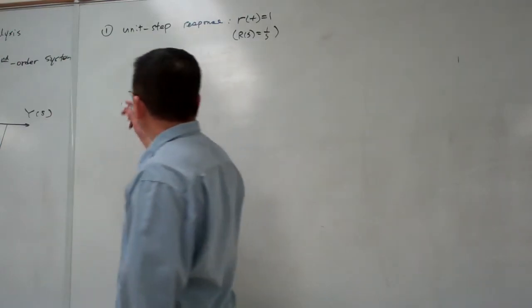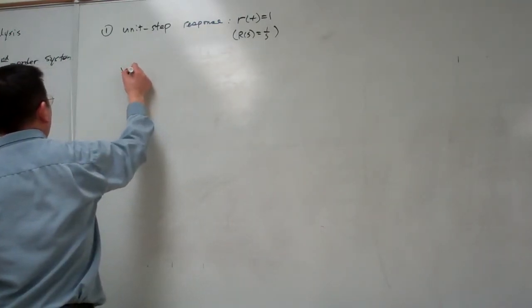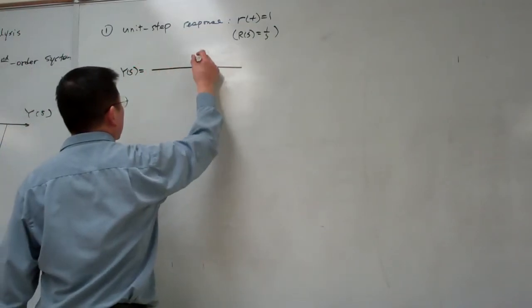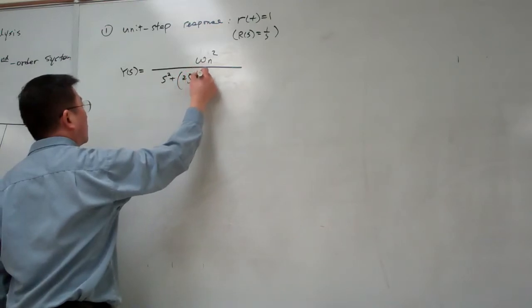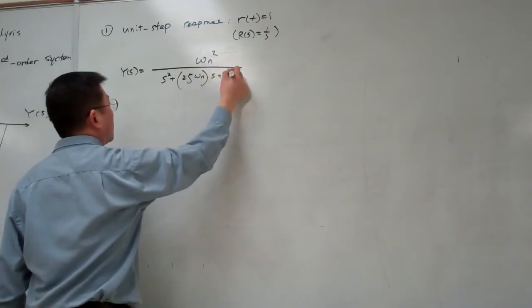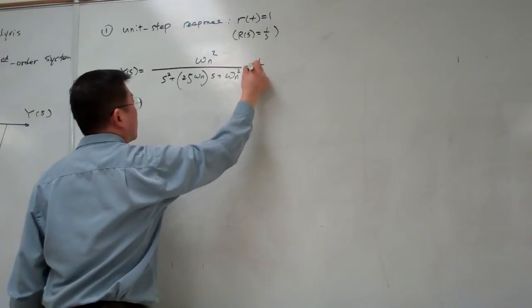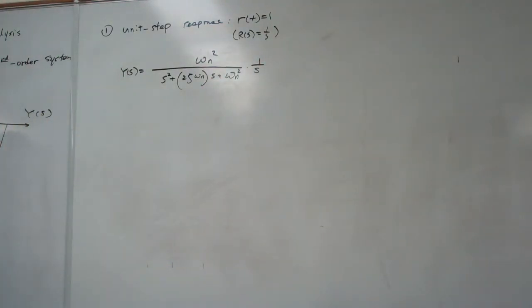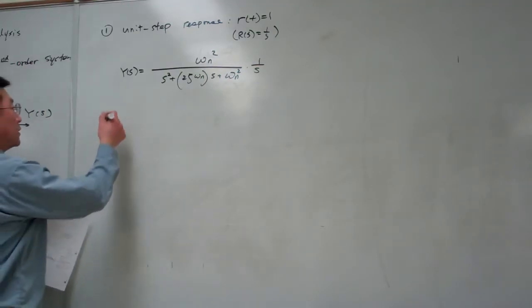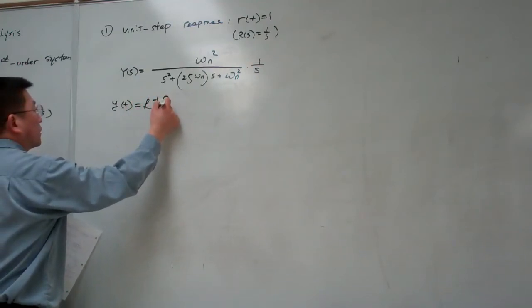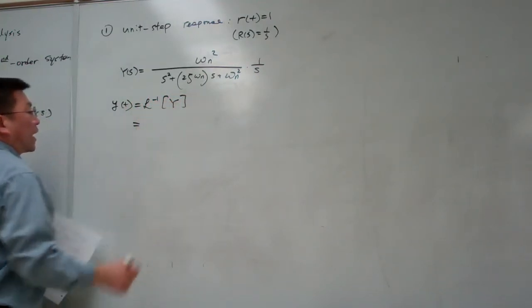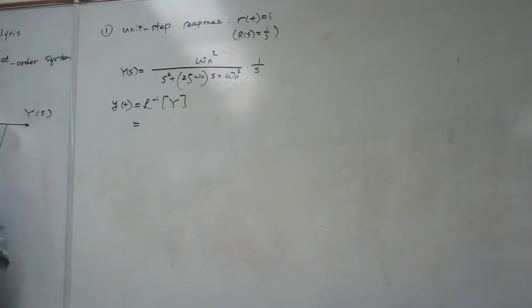So now for this case here, therefore we have Y will be equal to, let me rewrite this one. So how to get y of t? y of t simply is the inverse transform of Y. The process is in the handout I gave you, I think a couple of weeks ago.